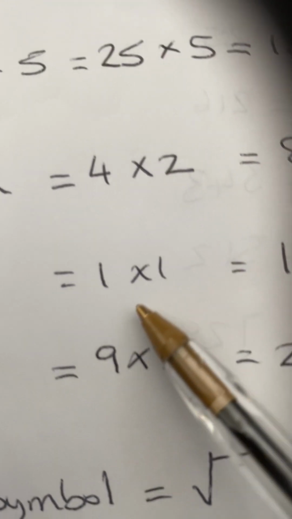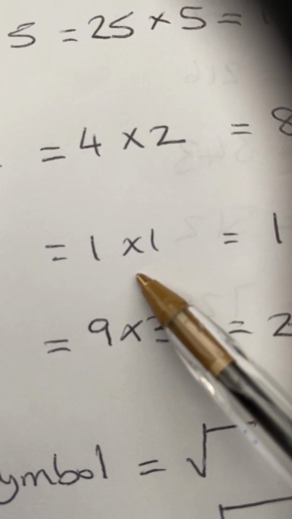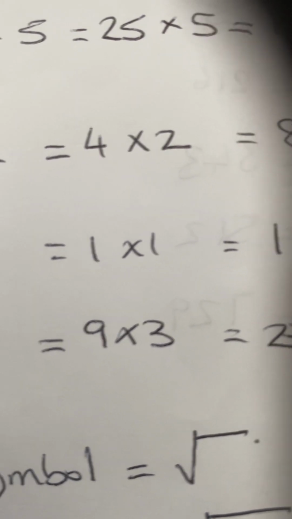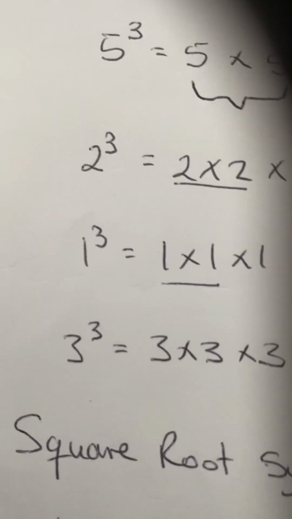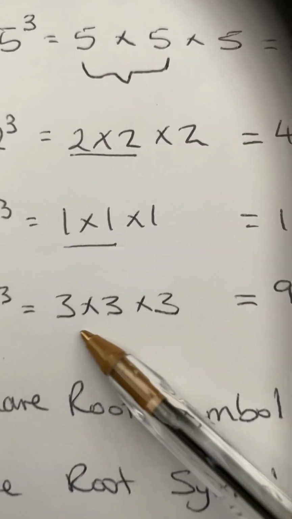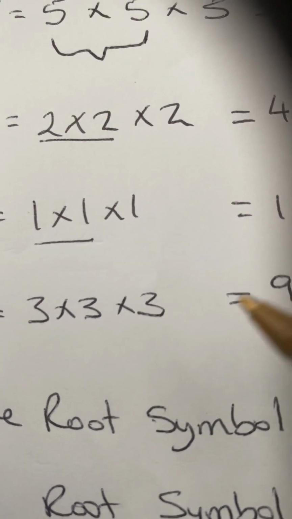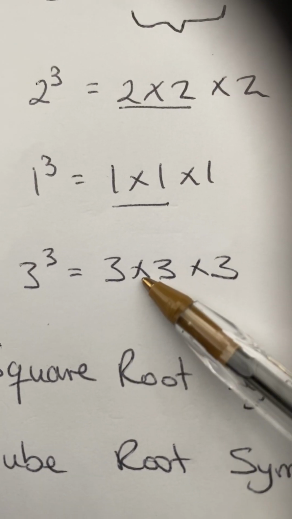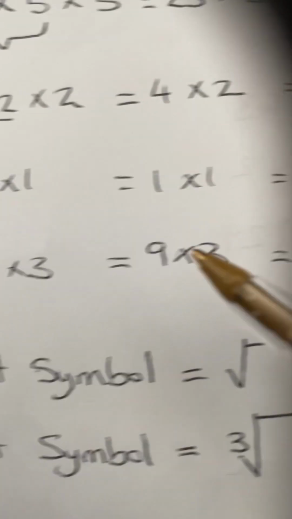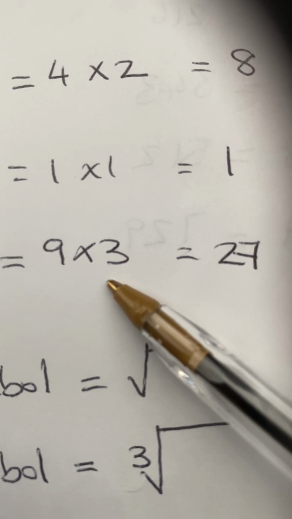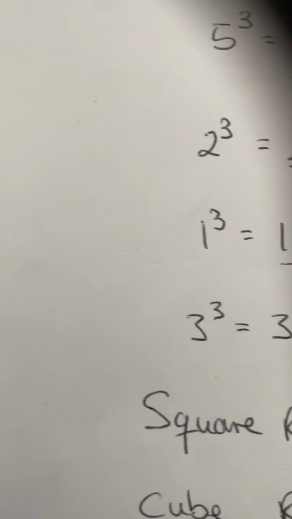So 1 times 1 is 1, times another 1 is 1. 3 to the power 3, 3 times 3 times another 3. So 3 times 3 is 9, times another 3 is 9 times 3, 27.